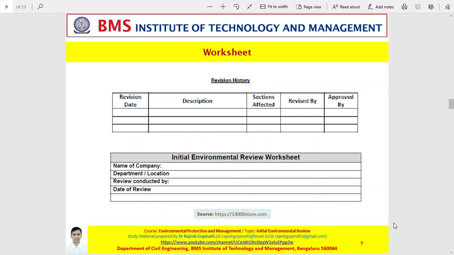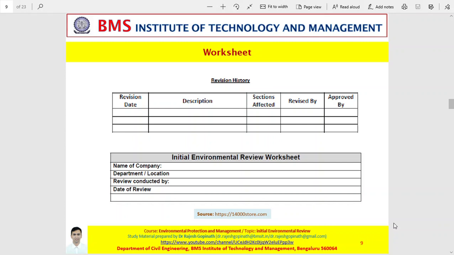Obviously, as you are talking about continual improvement, an organization would have carried out several iterations of an initial environmental review, and based on every iteration there would have been revisions with respect to its operations or shops or departments or sections, and this information has to be first produced.